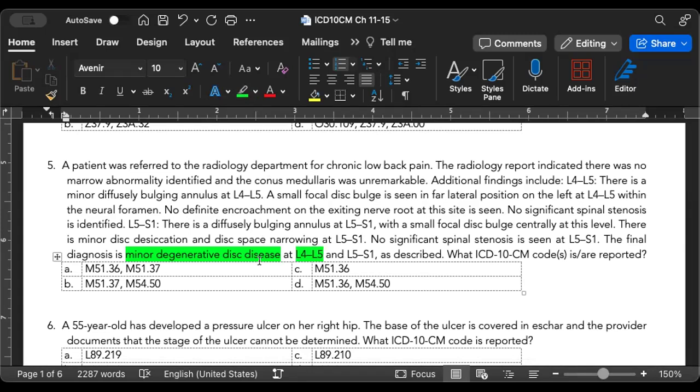Let's go back in our alphabetic index and make sure that M51.36 is correct, that there are no typos. So M51.36 is other intervertebral disc degeneration, lumbar region. So our M51.36 is for, again, that lumbar region.